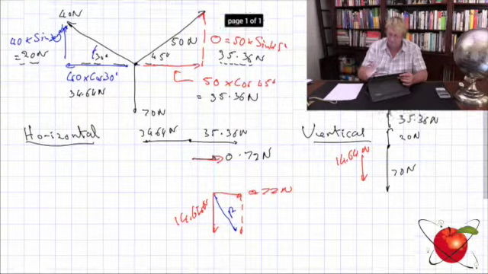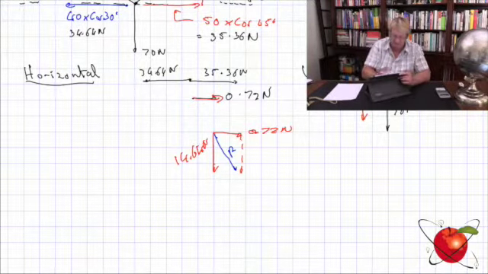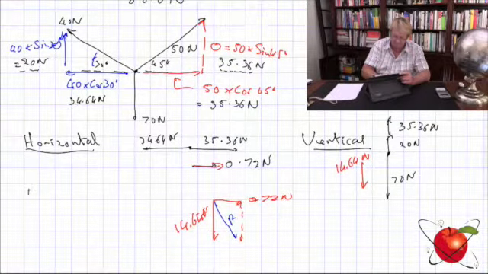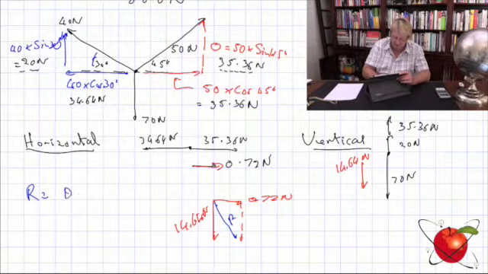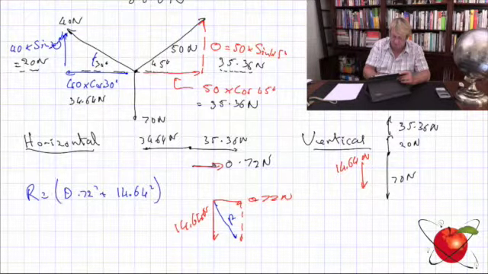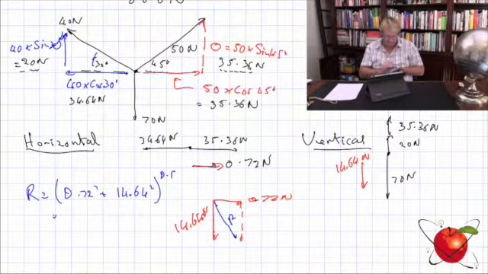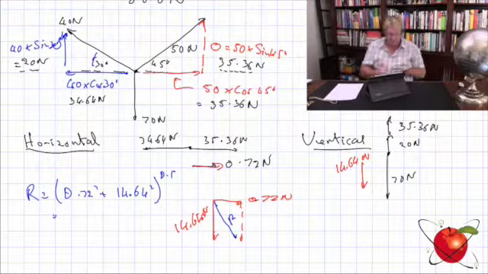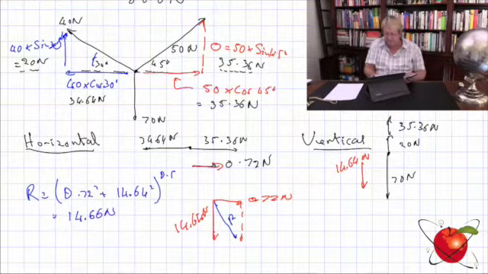And what do we say? We say that in this case, the resultant is going to be equal to 0.72 squared plus 14.64 squared, all to the power of a half. Right, and we're going to do that. 14.64 squared is that, plus 0.72 squared equals that, and to the power of a half is going to be 14.66. It's obviously because that's very small.